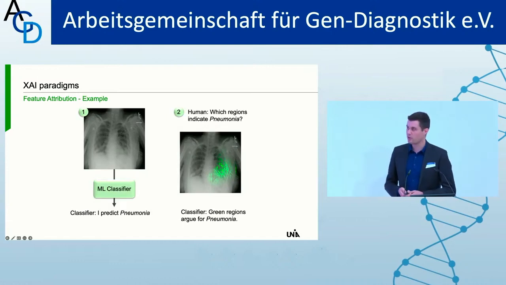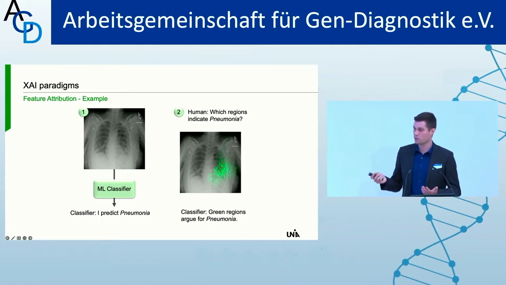Here's an example of a lung X-ray, whether it has pneumonia or not. We don't know. We trained an ML classifier to help us with the decision, and the ML classifier in this case stated, I predict pneumonia.